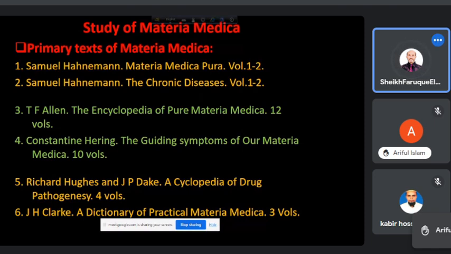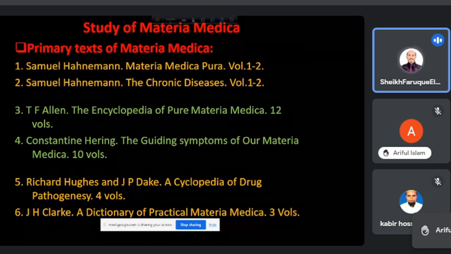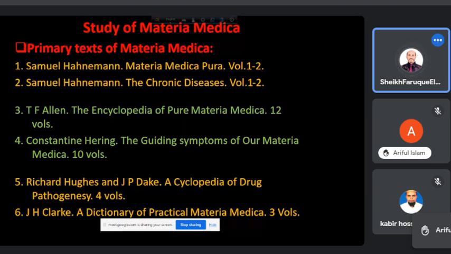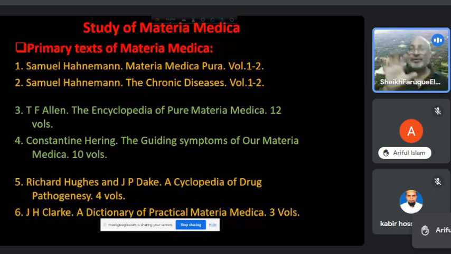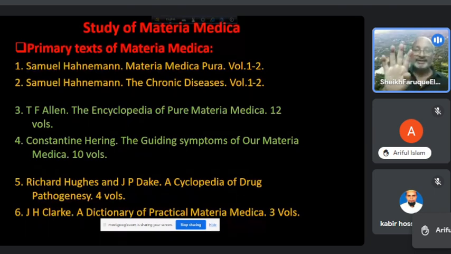What Hering did, Hering graded the symptoms. You don't find grading in an encyclopedia or in Hahnemann's. But Constantine Hering, for the first time, graded the symptoms. He graded all the symptoms of materia medica and individual medicines into 4 grades.